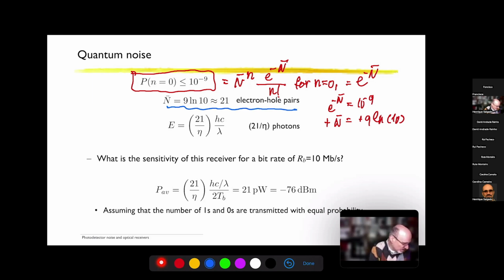And so this tells us that, if quantum noise is the only source of noise, to have a probability of error of 10 to the minus 9, assuming that a 1 is being transmitted, we need at least on average 21 electron-hole pairs generated within this pulse.